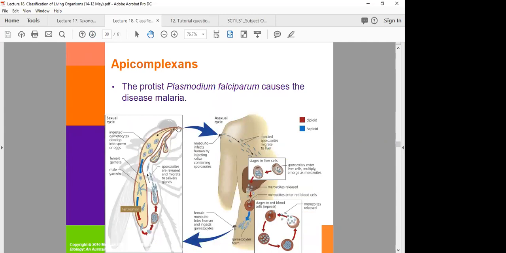So in the actual mosquito, the Plasmodium tends to be found in very high concentrations in the salivary glands. So when the female mosquito takes a blood meal from a human, it's very easy to transmit these protists into the actual human. So that's Plasmodium falciparum.